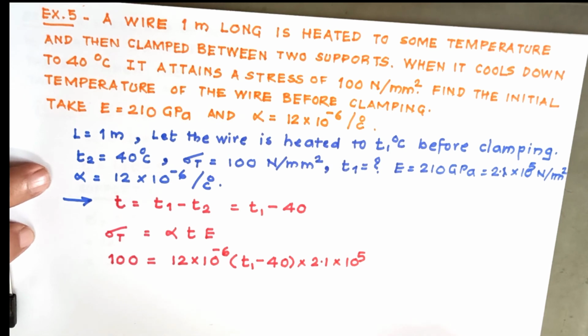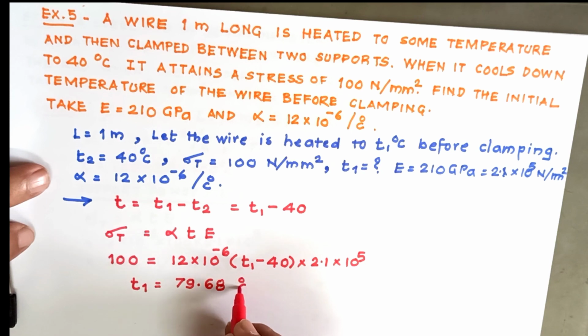Okay? So, if you solve this using calculator, you will find the value of T1 is equal to 79.68 degrees Celsius.